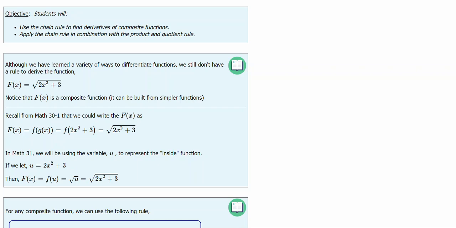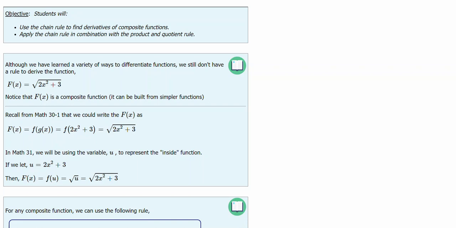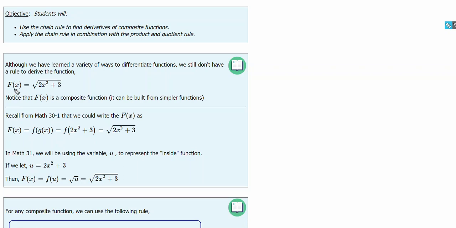So that would be something like this. If you had f of x is equal to the square root of 2x squared plus 3, then you can think of this in a different way. You could think about this as being made up of two functions: some outside function and then some inside function.